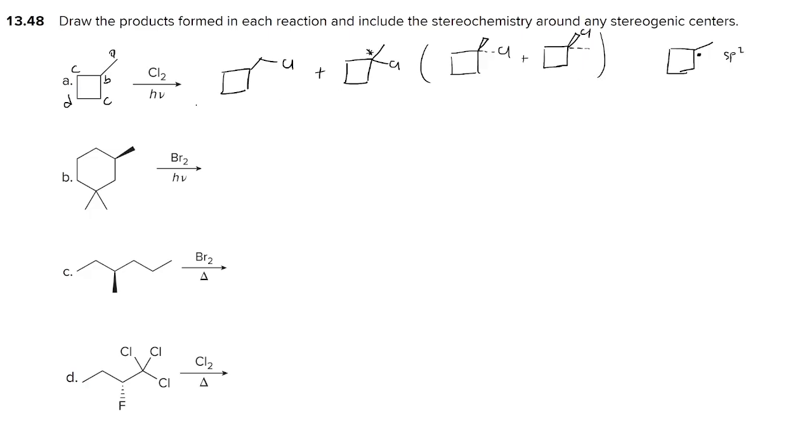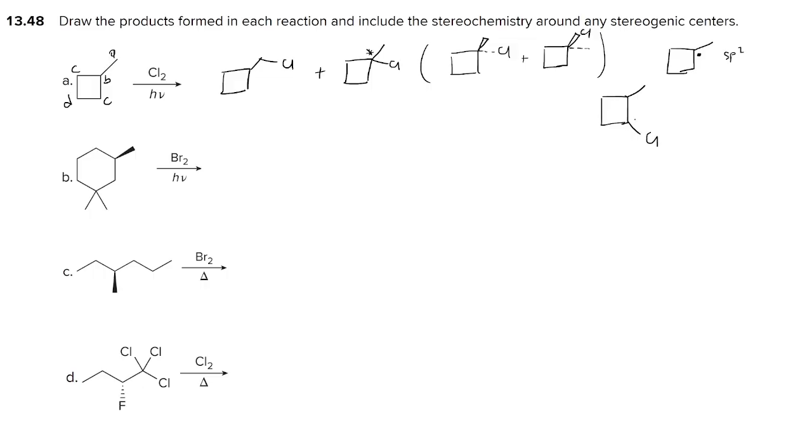And let's move to the third one. When we have substitution at the C position, the product will be: methyl will be here, and we will have chlorine here.